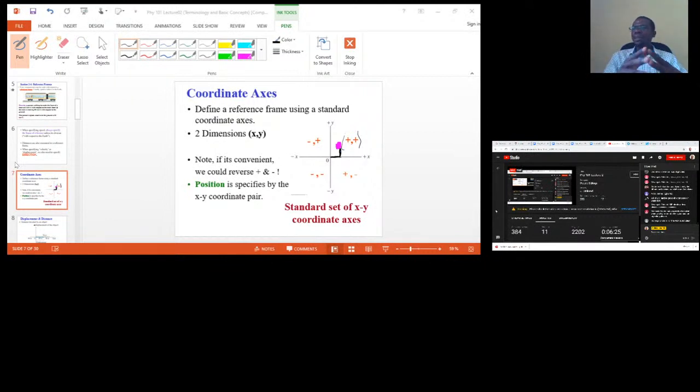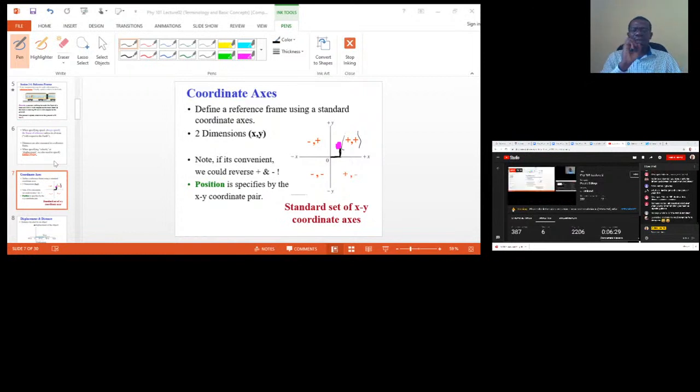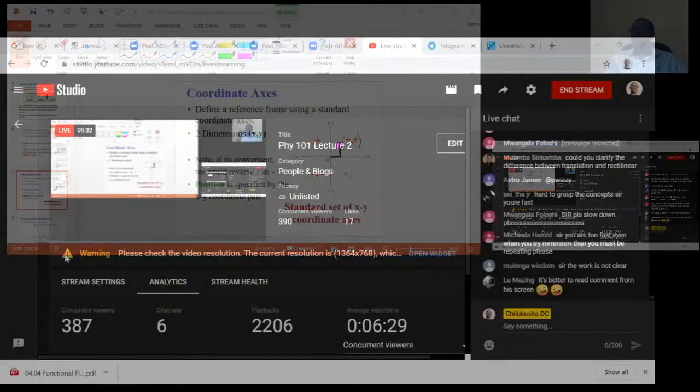The coordinate system should have, first of all, a reference. The reference point is what is called the origin. Then after you have constructed that coordinate system, you say from the reference, how many units do you have to move along the x-axis? That becomes your x-coordinate. How many units do you have to move along the y-axis? That becomes your y-coordinate. And together, you are able to describe the position.